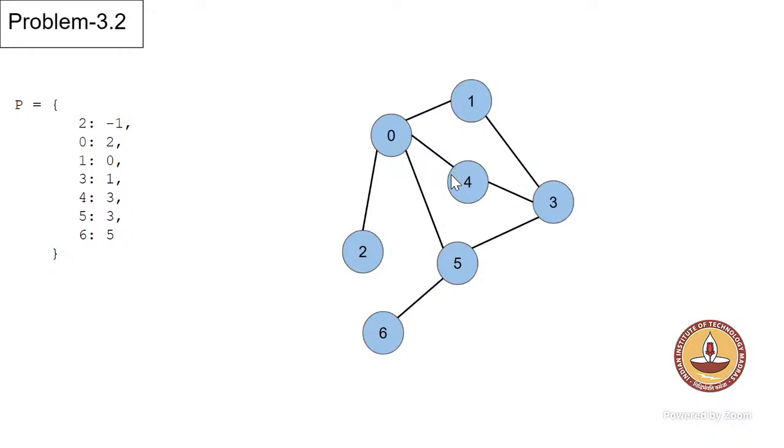Yes, ma'am. In the first line, 2 is equal to -1. Should it always be -1, or can we take any value for it? You can take any value, but it should not be a node in your graph. 2 should be mapped to some value which should not be in your matrix, like -10 or something.